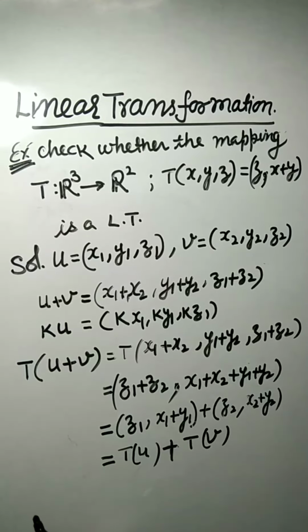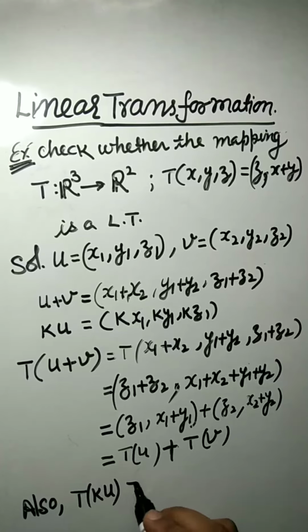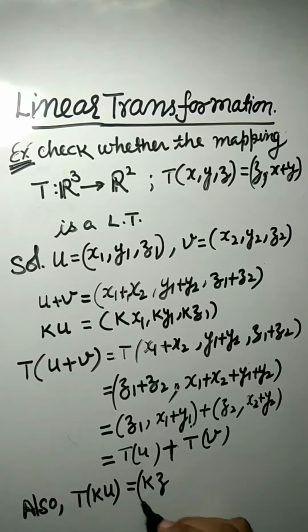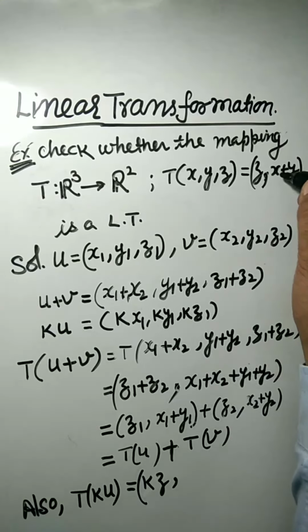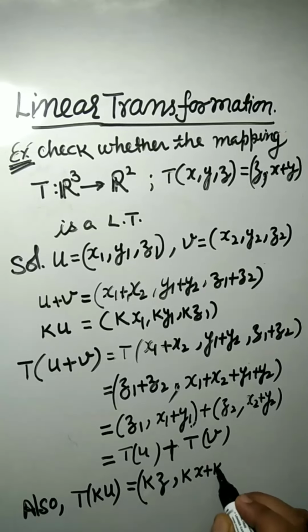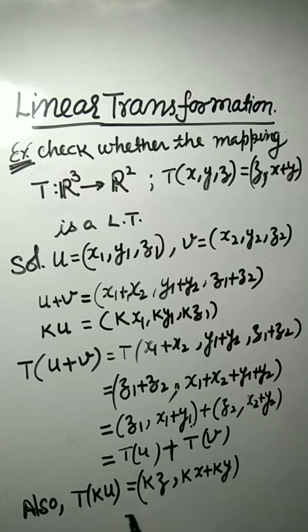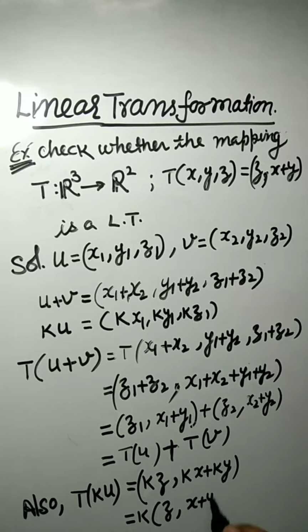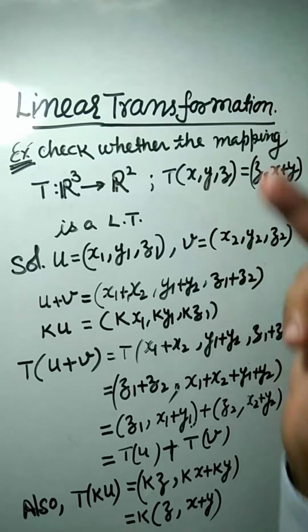Now we can write also that the transformation on ku gives us (kz, kx + ky) by this definition. We can write this as k(z, x + y), which is the same as this term, so we can consider this one as u.